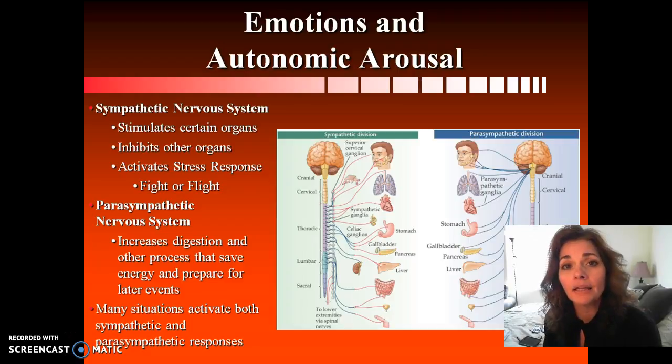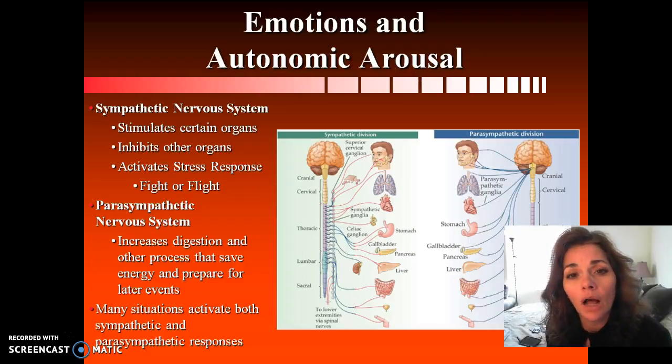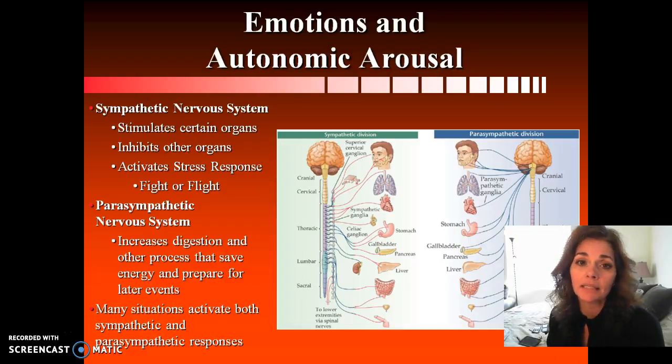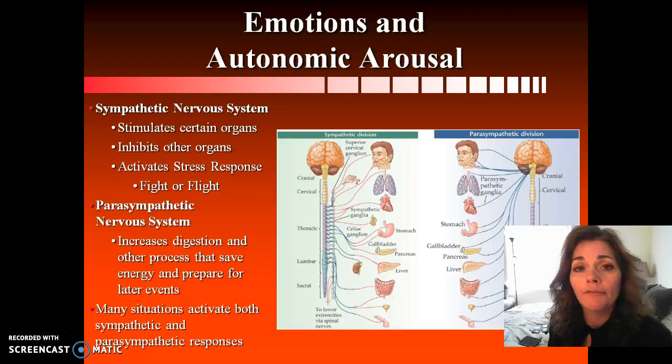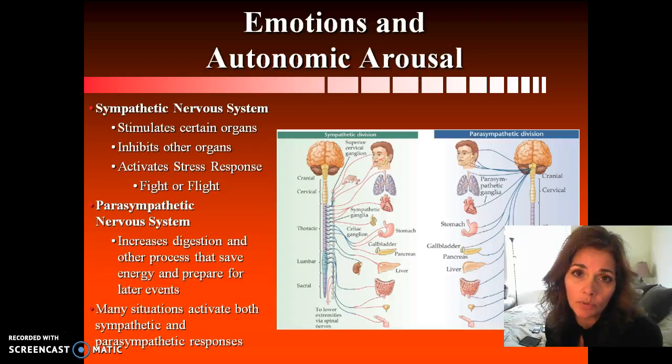Our sympathetic is usually going to stimulate or turn on various organs like our heart. It's going to cause it to beat a little faster, but at the same time it's also going to inhibit some organs that may not be necessary at the moment, such as maybe our digestive system. It's responsible largely for activating our fight or flight response, or our stress response.